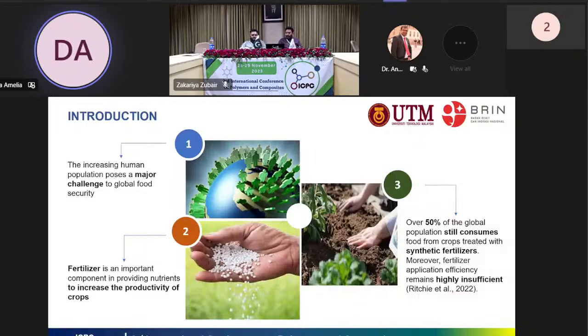Over 50% of the global population still consume food from the crop treated with synthetic fertilizer, but fertilizer application efficiency remains highly insufficient, where the effectiveness of the nitrogen fertilizer is 33%, the efficiency of phosphor fertilizer is 24%, and the efficiency of using potassium fertilizer is 42%.